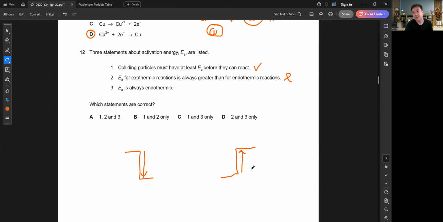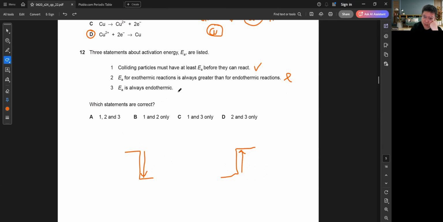So activation energy is like the difference, and the difference between the energy can be big, can be small. There's no such thing as, if it's exo or endo, it has to be bigger than the other.